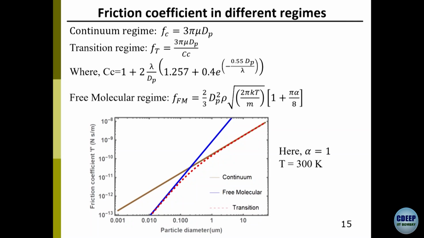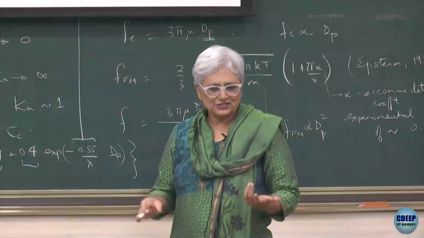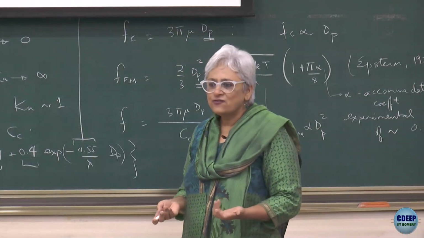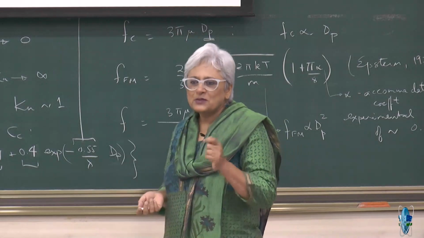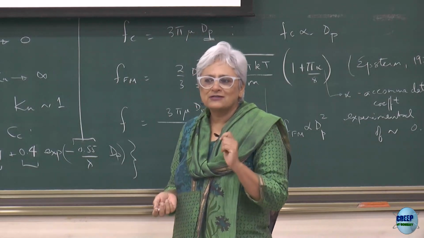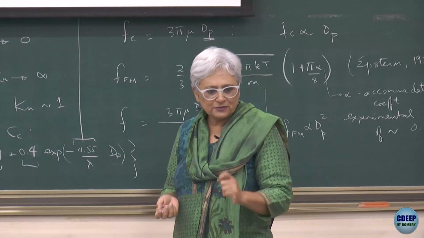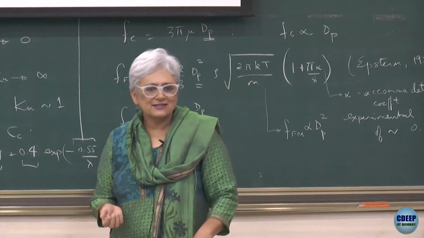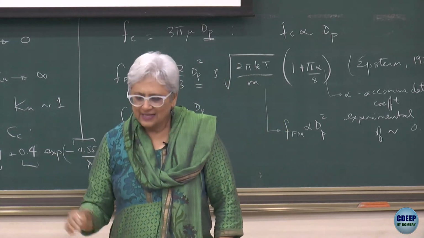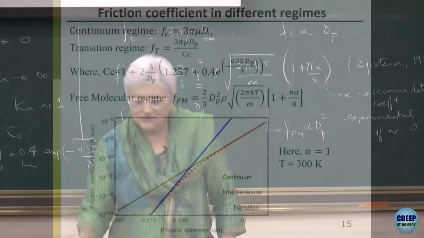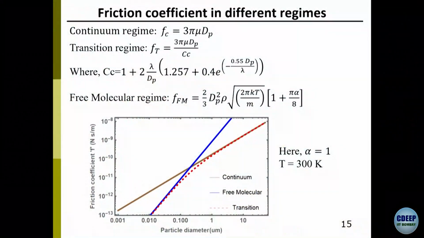So, in fact, because of that, very often people use the transition regime expression for calculating without really getting into, oh, am I really in the free molecular regime, am I really in the continuum regime, and I can go with the transition regime formula, right.